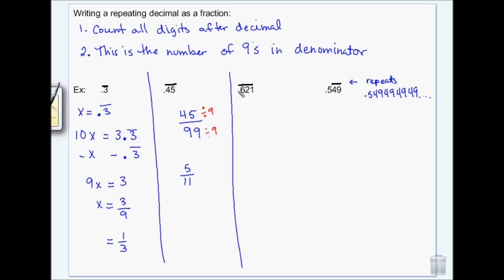Okay. 621 repeating. So I have 3 decimal places, 3 nines. If I add these together, I get 6 plus 2 is 8 plus 1 is 9, and then I get 999. So these will both divide by 9. So that is going to give me 9 goes into 62.